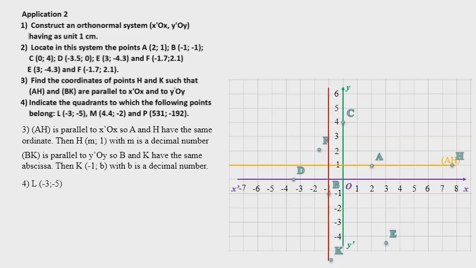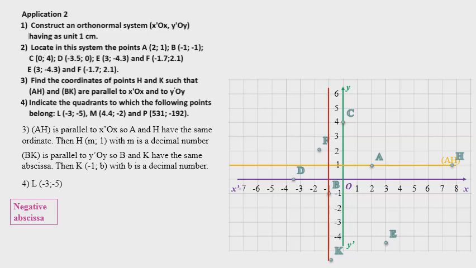For L (-3, -5), we can locate this point on the system and then decide in which quadrant it is located. Or we can follow another rule: if we memorized the conditions of each quadrant, we can immediately decide which quadrant this point is located in.